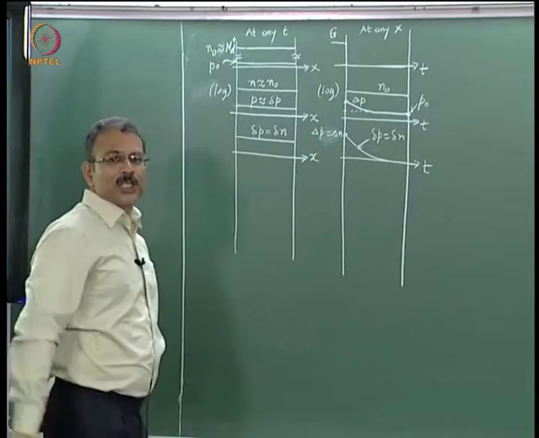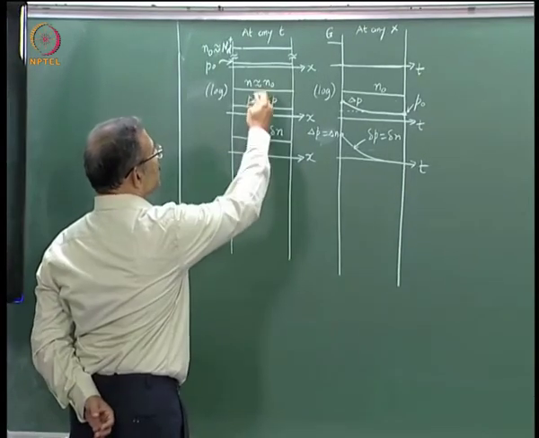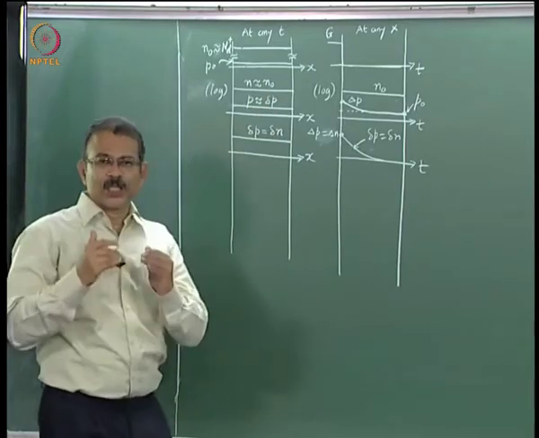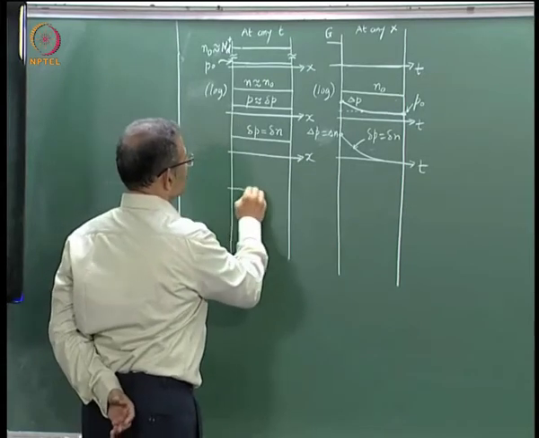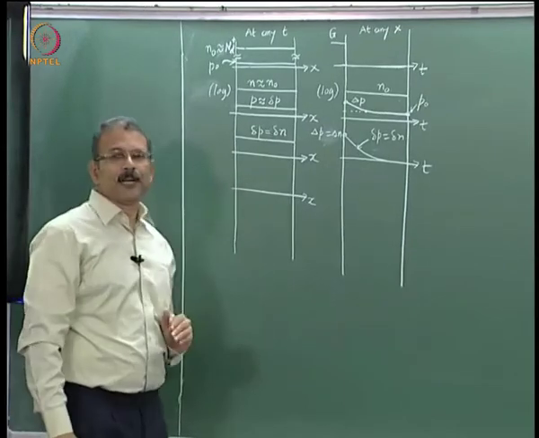Next, we need to sketch Jn and Jp. Like we are sketching n and p on the same graph, and delta p, delta n on the same graph, we should try to sketch Jn and Jp on the same graph. Now what would Jn and Jp depend on?